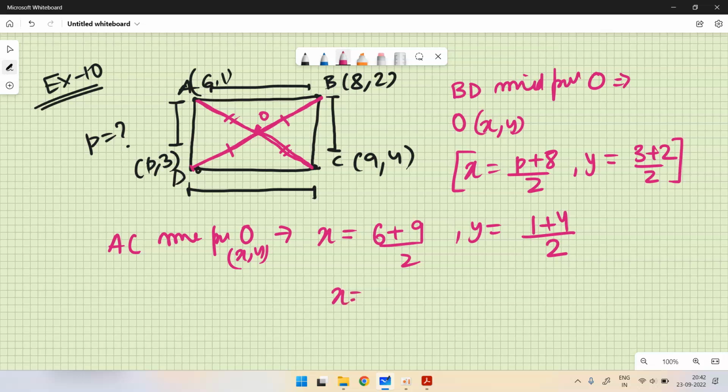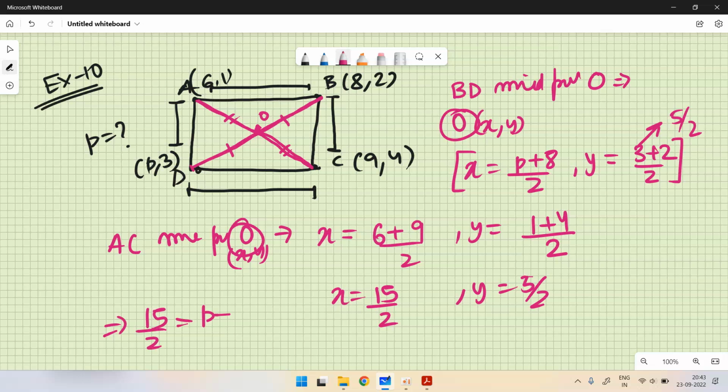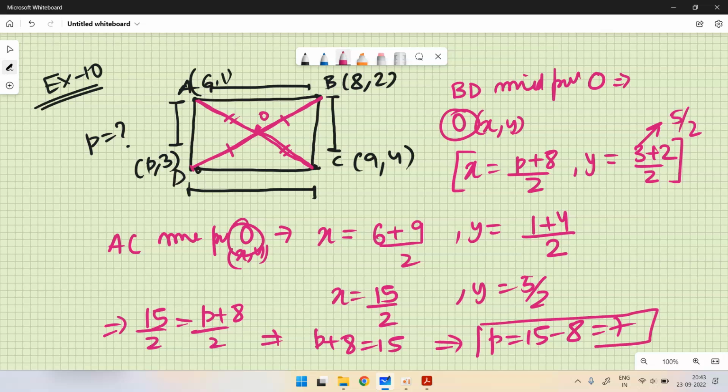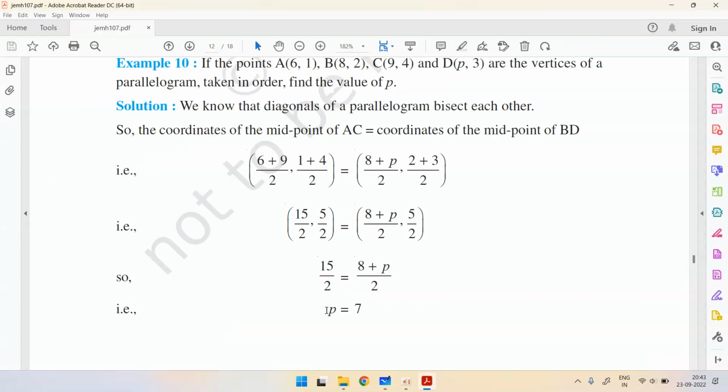If you calculate, x is 15 by 2, y is 5 by 2, and this is also 5 by 2. Now the x midpoint of both is common, which implies that 15 by 2 is equal to p plus 8 by 2. From here, p plus 8 equals 15, which implies p equals 15 minus 8, which is 7. So the value of p is 7.